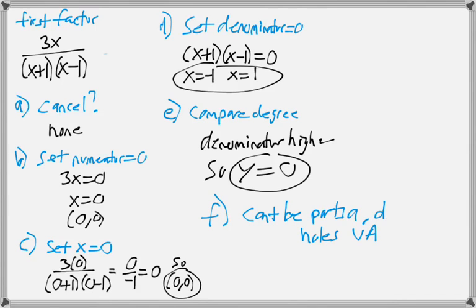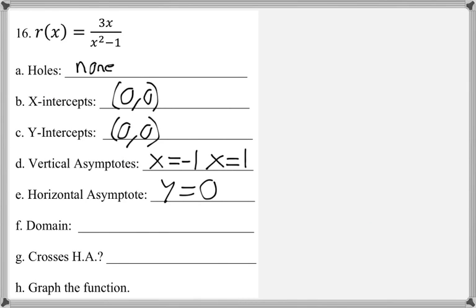And because we don't have any holes, just the vertical asymptotes, it's going to be, again, we have to write this in interval notation. So negative infinity to negative 1, negative 1 to 1, and then 1 to infinity. So that would be our domain.